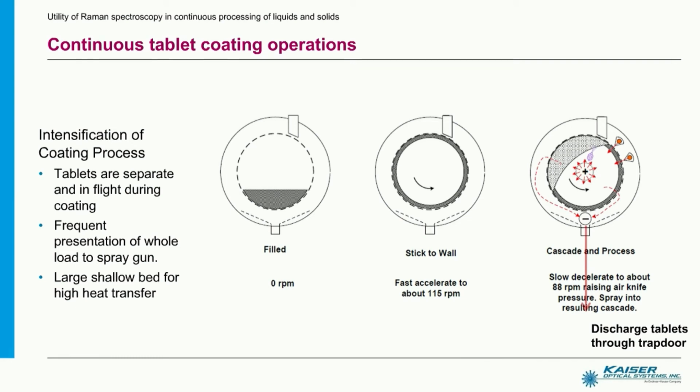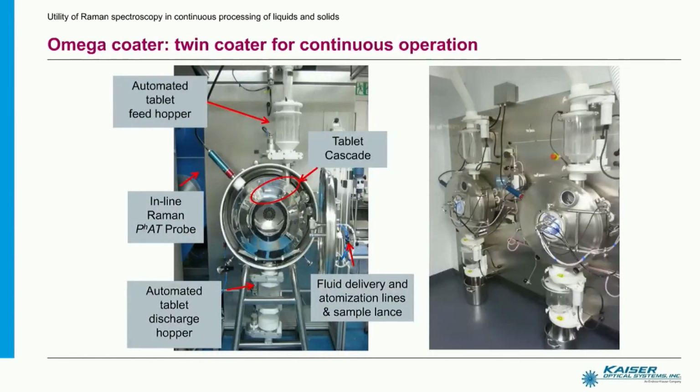This is an example of how Raman spectroscopy can be incorporated into a twin coater for continuous operation. At the top, we see the automated tablet feed hopper, the inline Raman, the tablet cascade where it becomes coated, and then the tablet discharge hopper. All of this can be incorporated without needing to change the hardware.